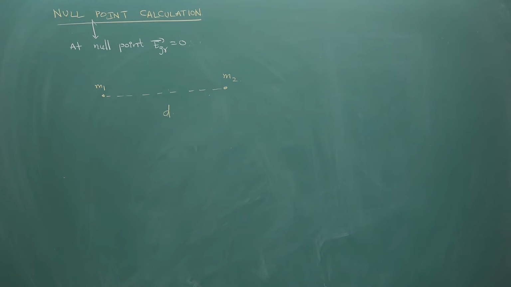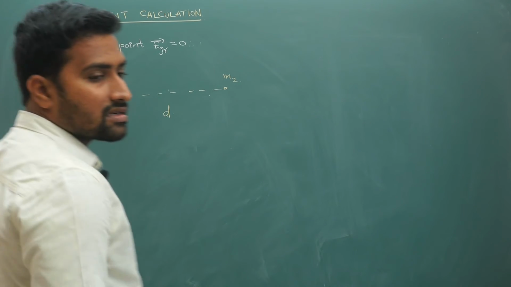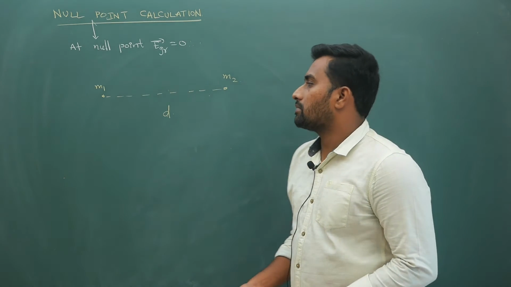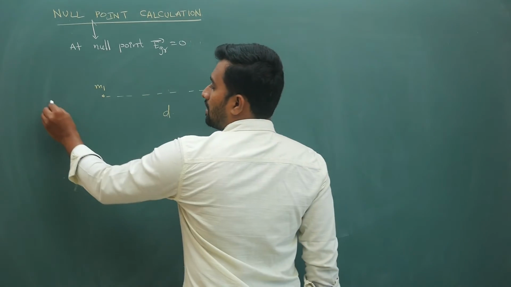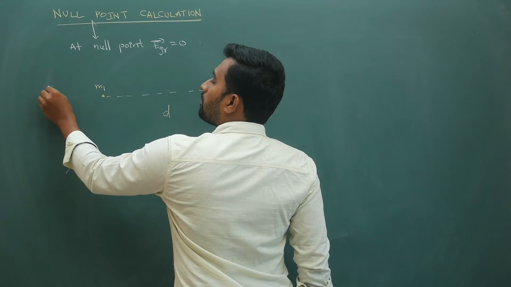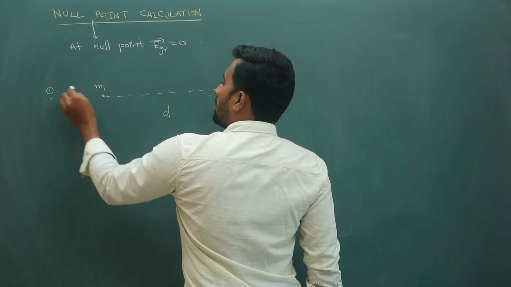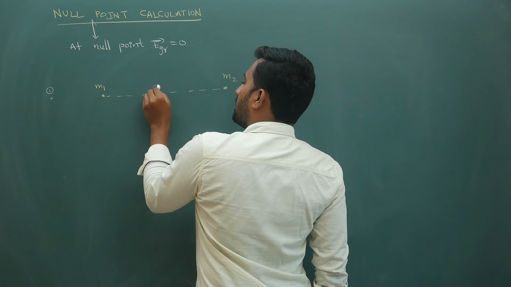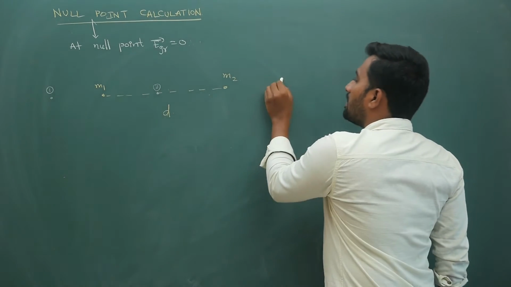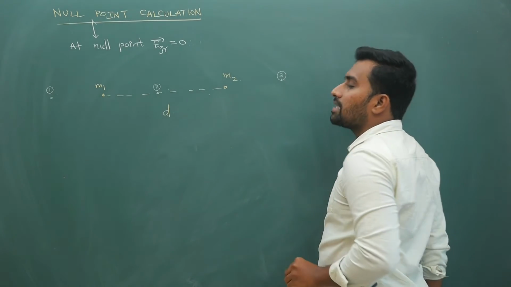To get the point where field is 0, first let's check at which position it will come. So there could be 3 null points: here point 1, somewhere here point 2, somewhere here point 3. Three possibilities are there.